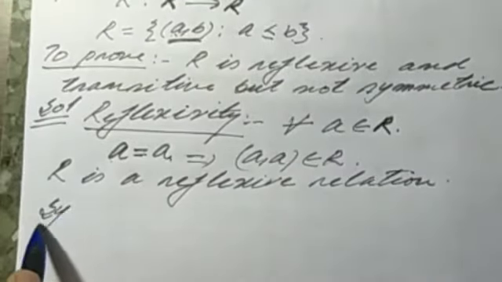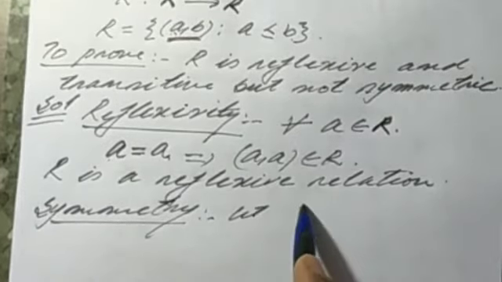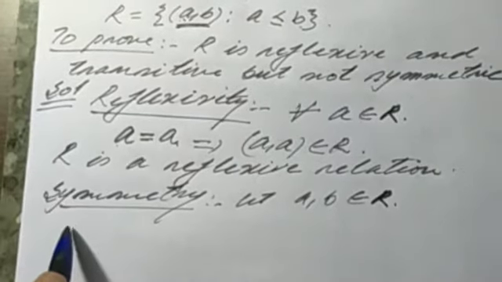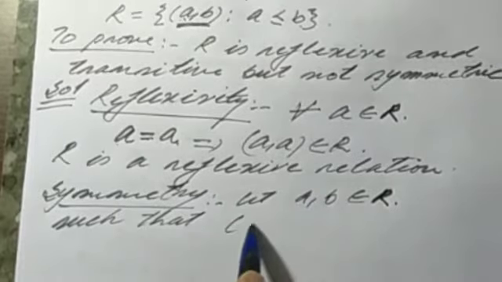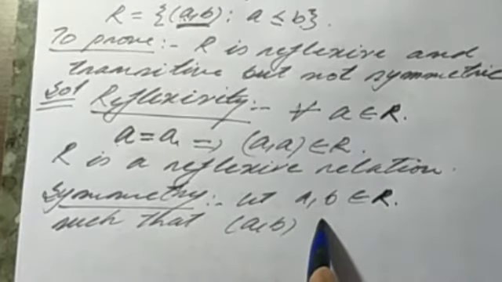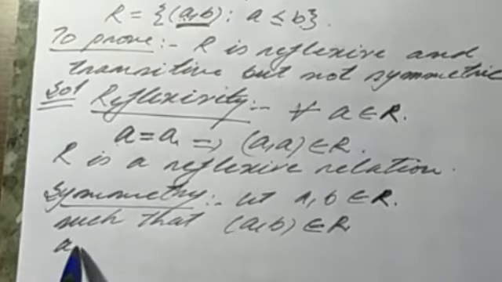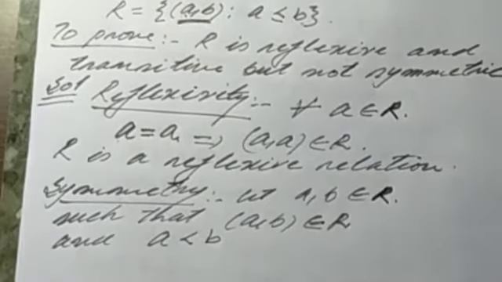Now let us talk about symmetry. Here we assume two arbitrary elements a, b belonging to the set of real numbers such that (a, b) belongs to R, and this is because a is less than b. According to the criterion, if a is less than or equal to b, (a, b) is contained by the relation.